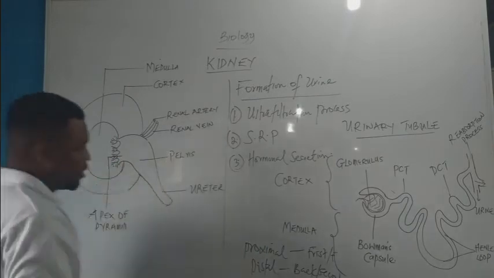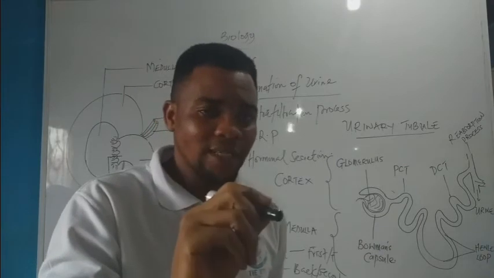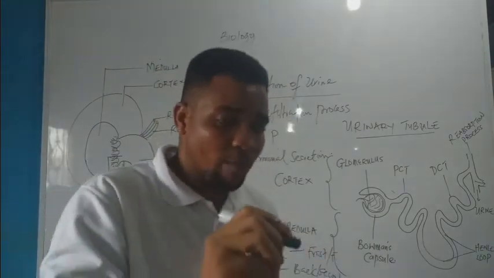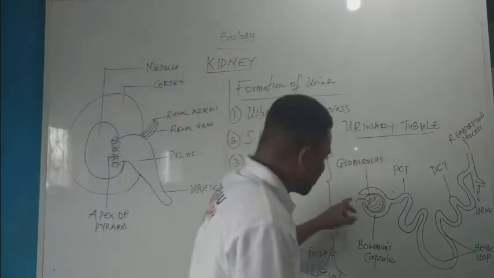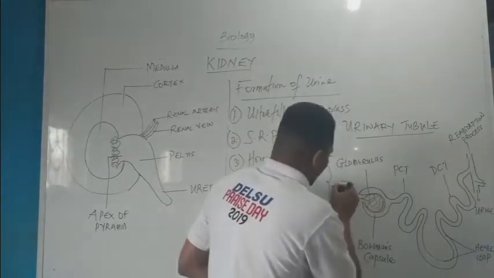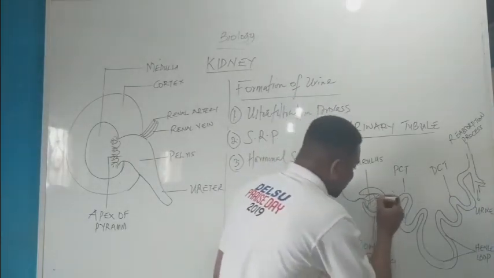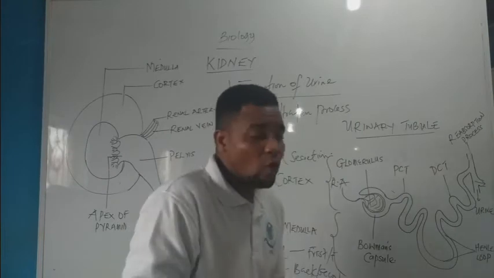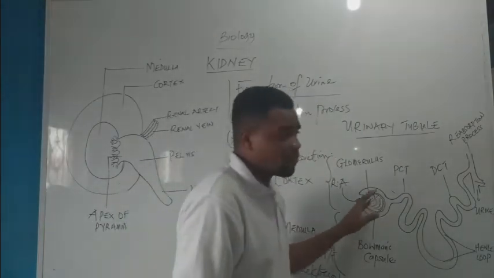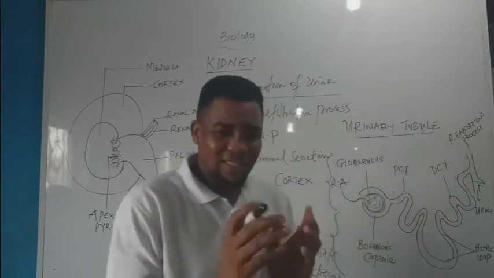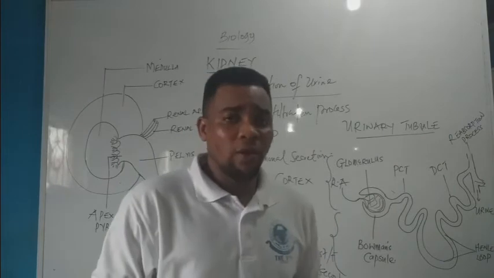Do you understand now? The renal artery carries blood from part of the body and moves it to the glomerulus, which is here. The renal artery starts from here and takes the blood here. The blood is stored here for a particular time for the ultrafiltration process to occur.